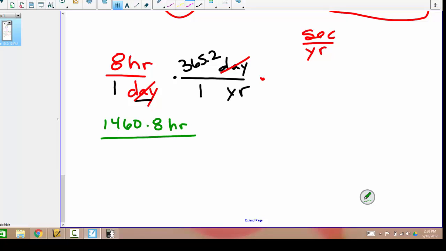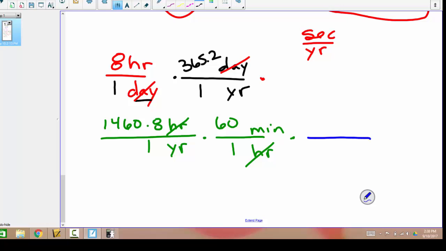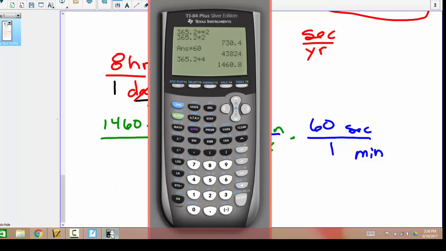hours per year. Now, the word hours is on top, so the word hours needs to go on the bottom. How many minutes are in an hour? 60, and I really think you could do another conversion. Cross off the word hours. Now we need to get rid of the word minutes. The word minute is on top, so it needs to go onto the bottom. And there are 60 seconds in 1 minute. So basically, if you multiply 1460.8 times 3600, which is what 60 times 60 is, you'll get your answer.